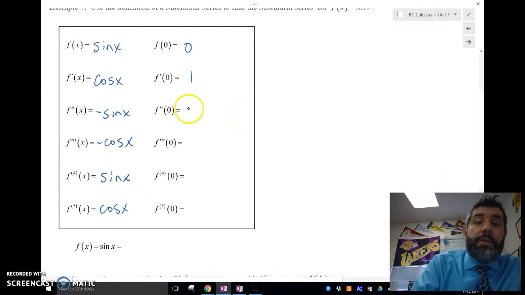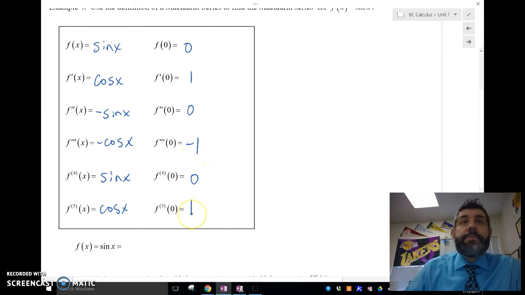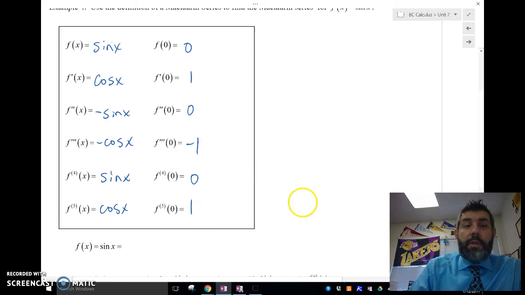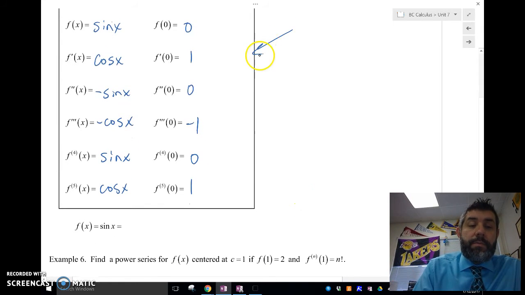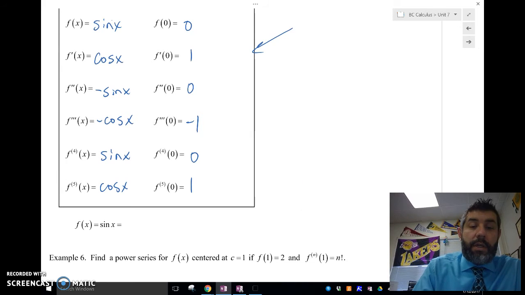F prime of 0 is 1. F double prime of 0 is 0. Negative 1, 0, and 1. All right, so let's go ahead and use this stuff here to come up with our series.